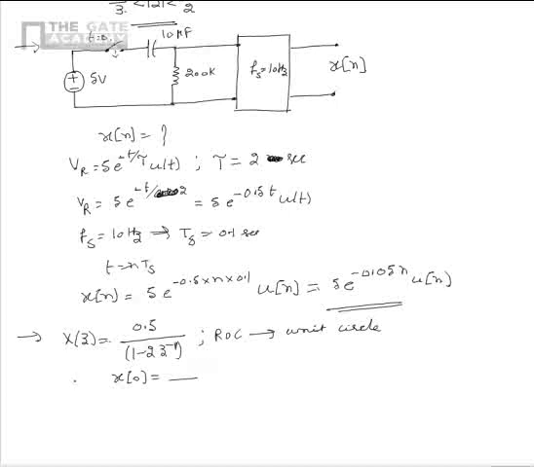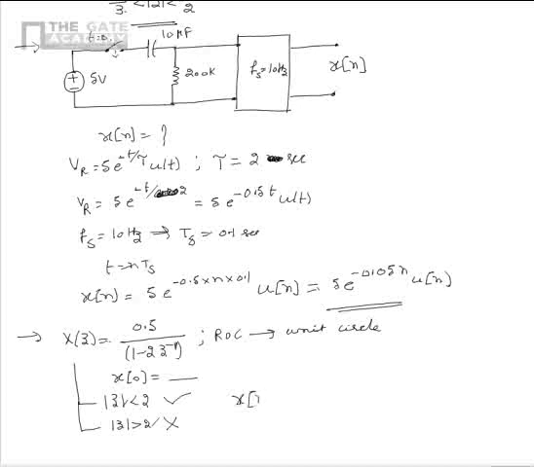For the given x of z, we see that the possible ROCs are mod z less than 2 and mod z greater than 2. From this, we see that the ROC of x of z is mod z less than 2, as it includes the unit circle.